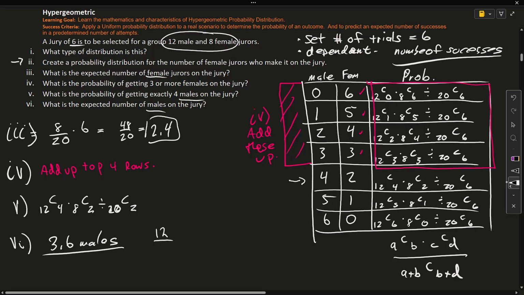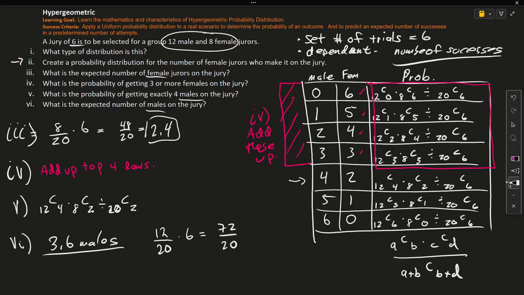It's 12 over 20, or the proportion of males in the entire group, times the number of trials. So we're going to get 6 times 12, which is 72 over 20, and I'm assuming that's equal to 3.6. Okay. And so that's our hypergeometric distribution.